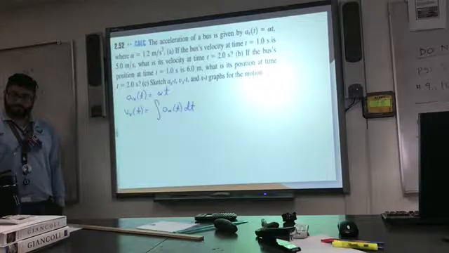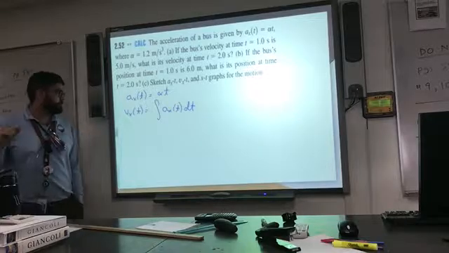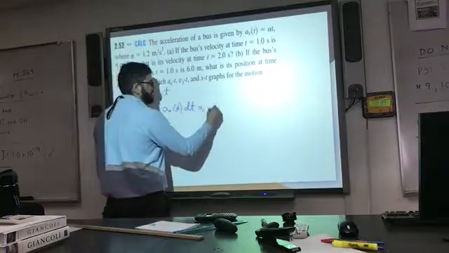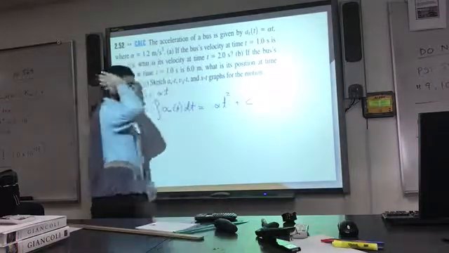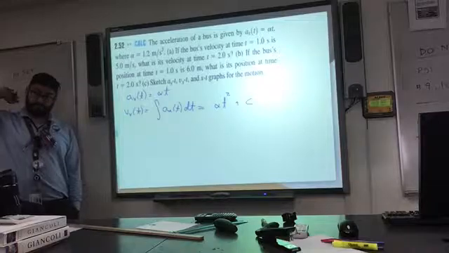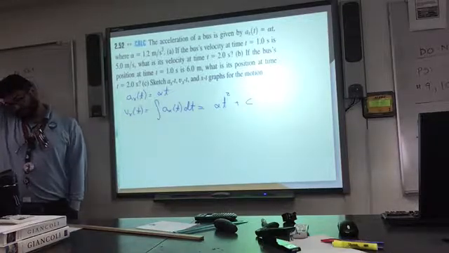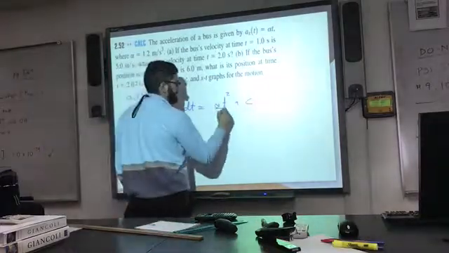Yeah. So far? Now notice this is an indefinite integral, which means it's plus C, and then I should plug in that initial condition. Who agrees with that? Over 2. What's over 2? A t squared. Half, 1/2 a t squared.